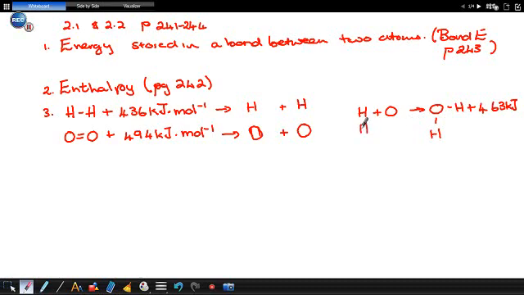So to take hydrogen and to add it to oxygen to form water, 463 kilojoules of energy is released. This, where the bonds are broken, is the energy taken in.